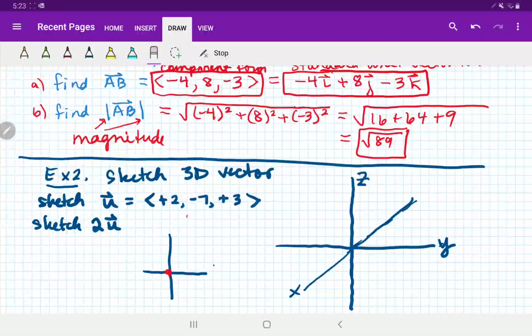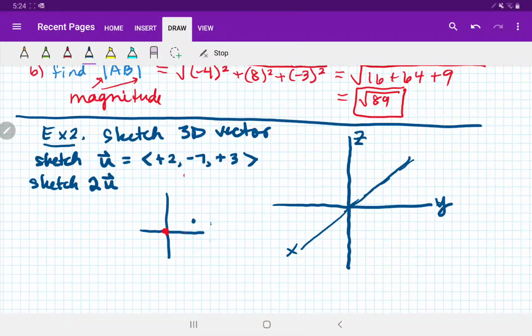You could start anywhere you wanted. You can go right 2, down 7. So in 2D, you could have drawn it like that, or you could draw it at the origin, right 2, down 7.